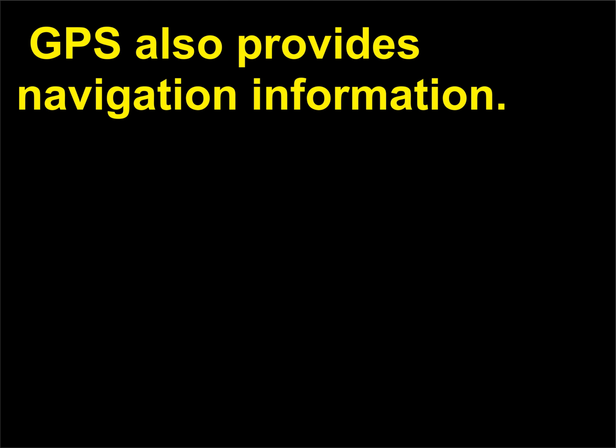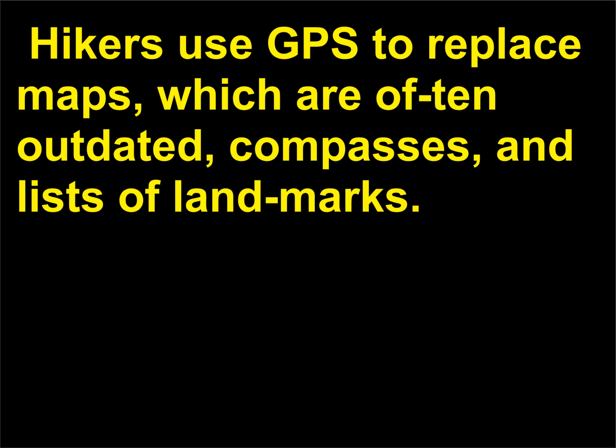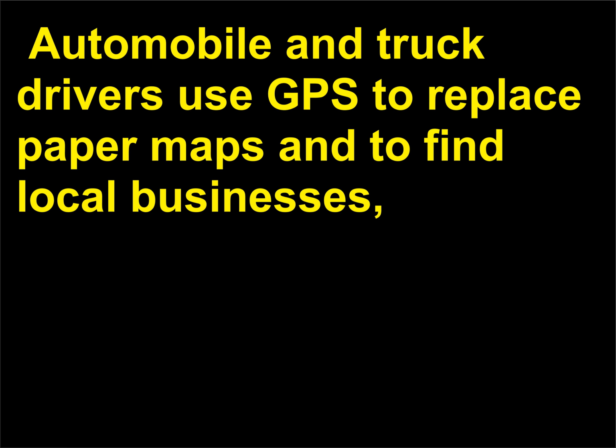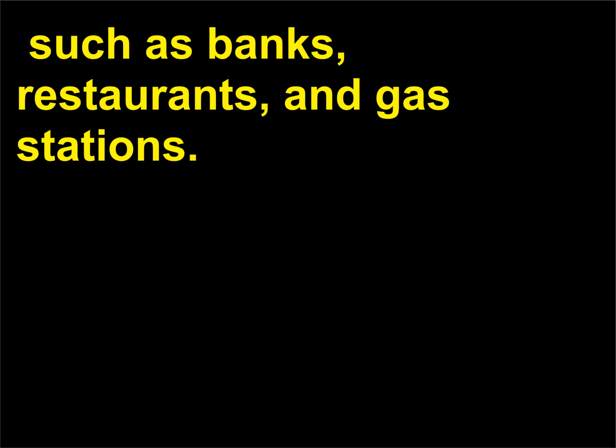GPS also provides navigation information. Hikers use GPS to replace maps, which are often outdated, compasses, and lists of landmarks. Automobile and truck drivers use GPS to replace paper maps and to find local businesses, such as banks, restaurants, and gas stations.